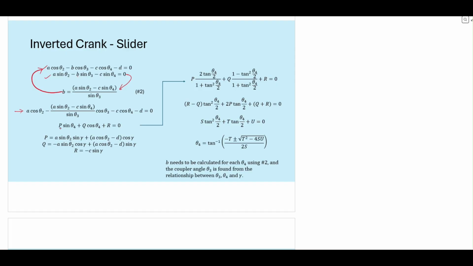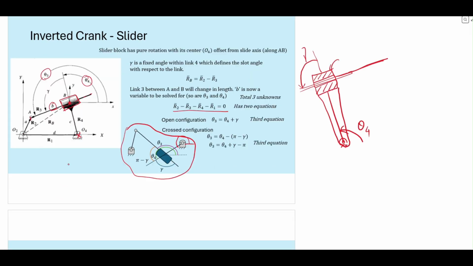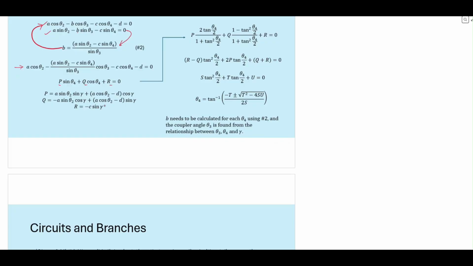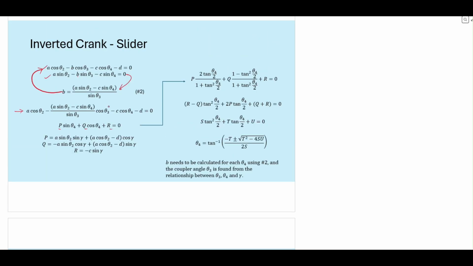We can rewrite this in terms of sine theta 4 and cos theta 4 only, with P, Q, and R being expressed in terms of known values of theta 2 and theta 4. So again, here the mechanism is a crank slider, and so there's input on the crank side. We know theta 2, and at any given theta 2, we're trying to find the position of the remaining joints, or we can say we want to find the values of B, theta 3, and theta 4.